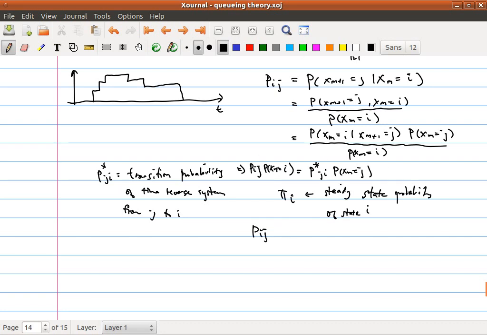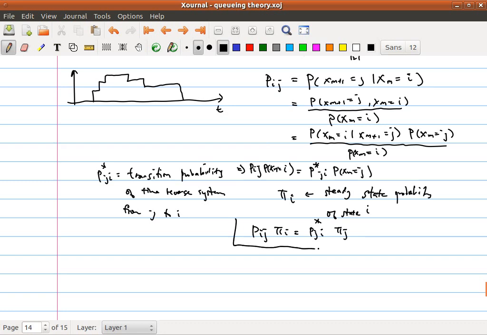Generally this also holds no matter what m is. So in particular, given the steady state probabilities, we can relate the transition probability of the forward system with the transition probability of the reverse system.